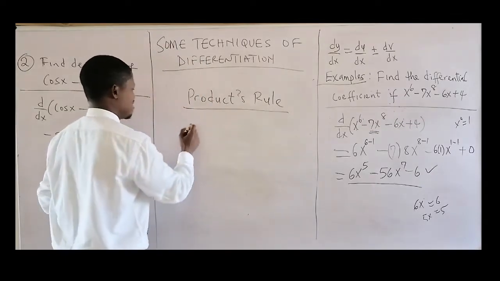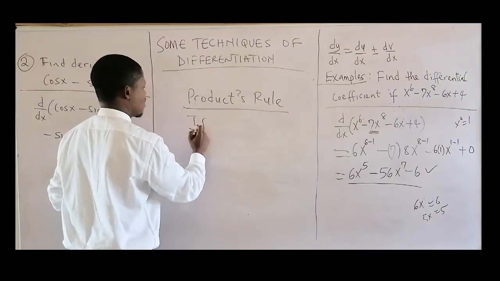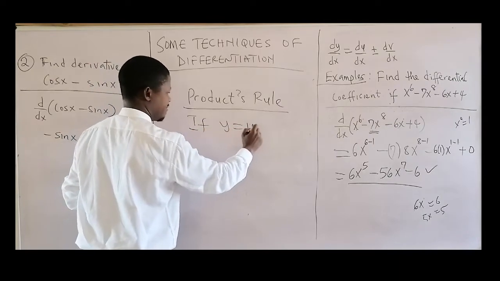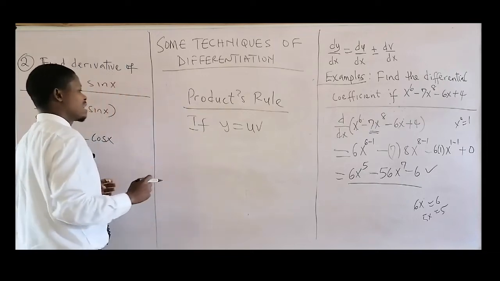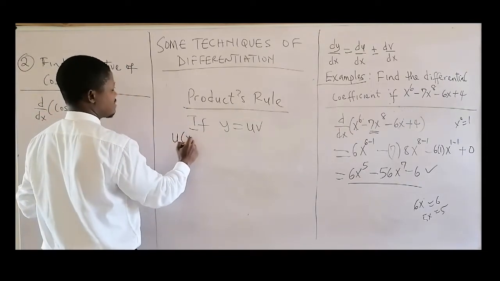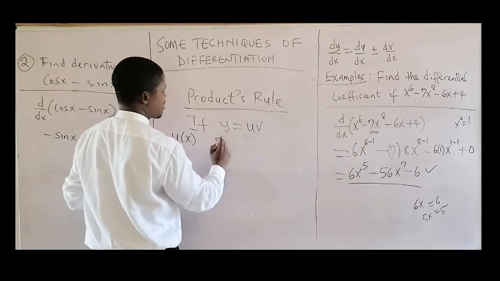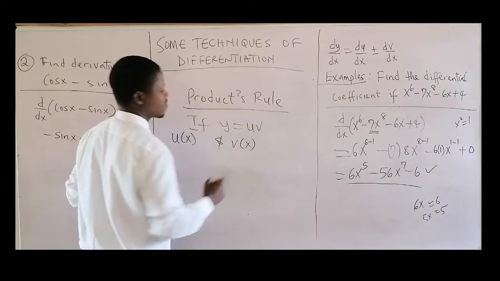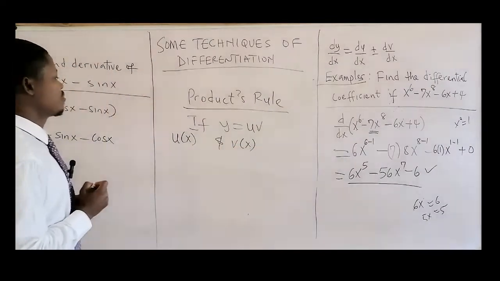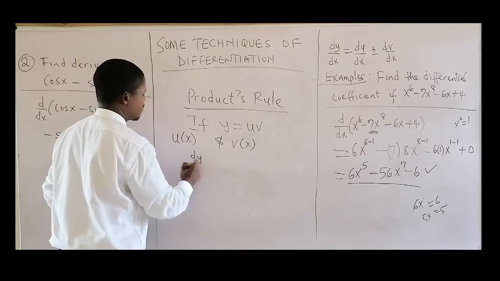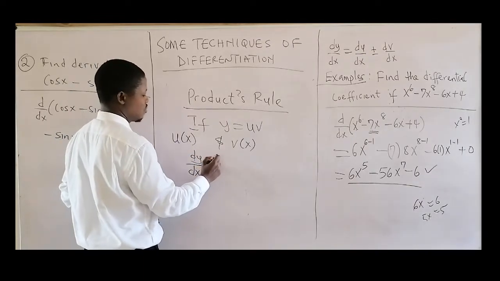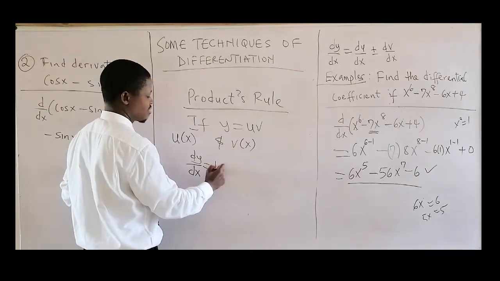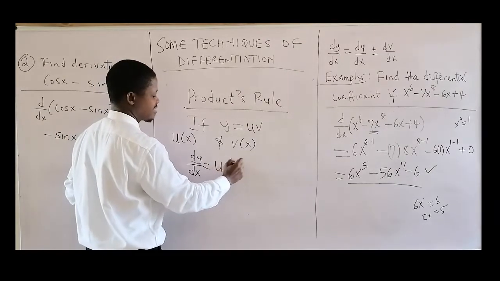What we are saying is this: if y is equal to uv, this is u times v, whereby u is a function of x and v is a function of x, the product rule says your differential coefficient will be equal to: you take one item constant, you differentiate the second item.